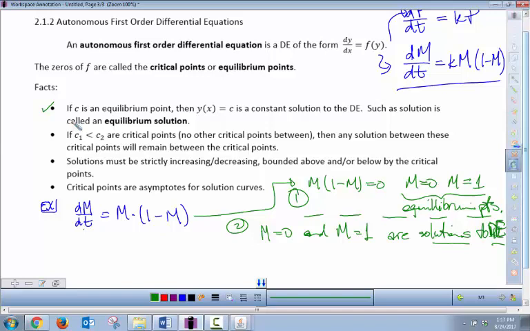That means if my solution is between y value of 0 and 1, I'm not going to go past 1 or past 0 below. And solutions must be strictly increasing or decreasing. So if I have a solution between 0 and 1, my graph will be increasing always.